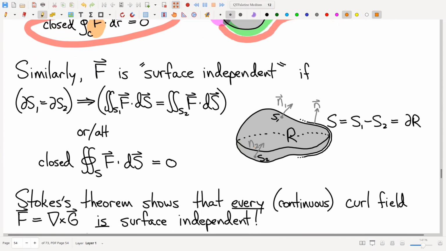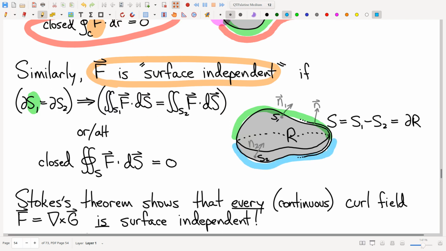That's called surface independence. And one surface and another surface that have the same boundary curve. Okay, now I'm going to try to draw on here the shared boundary curve.